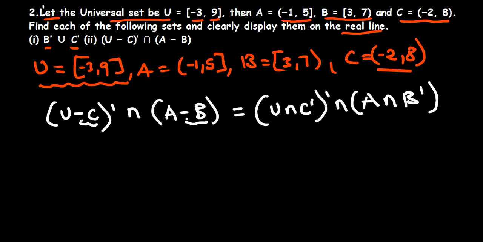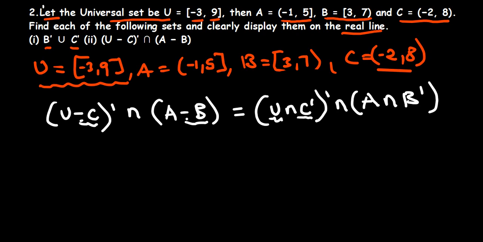So from that set, we have the universal set intersecting the C complement. What is the universal set intersecting the C complement? What do you think we will have inside that set?